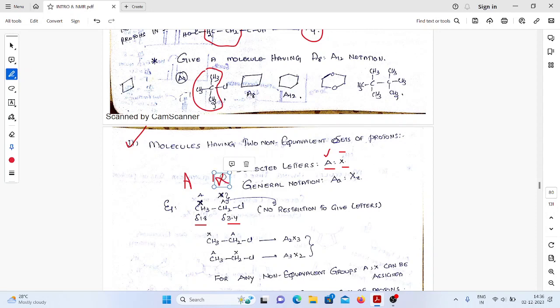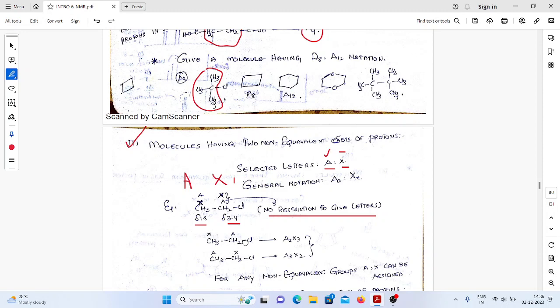That's why one will be considered as A type category, another will be considered as X type category. Okay, so here we have flexibility, which one will be considered as A type and which one will be considered as X type. Here there is no restriction to give the letters. That is according to your wish. If you want to give X to these protons, you can give. If you want to give A to this one, you can give. So there is no restriction.